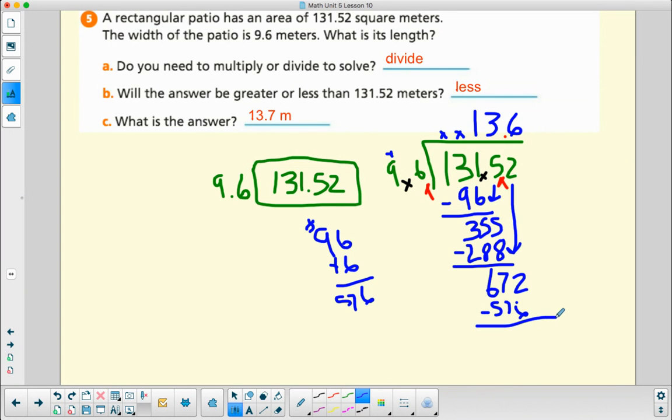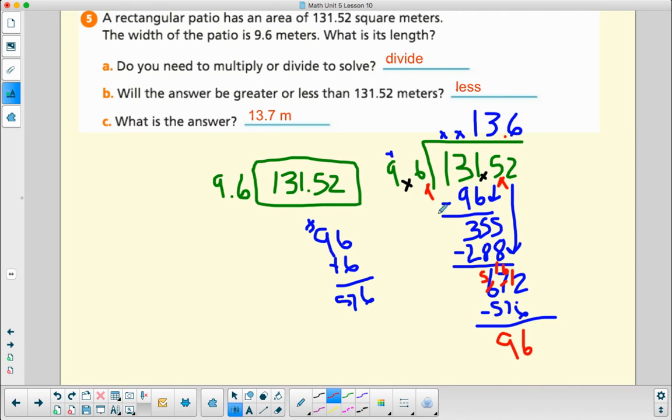As I subtract, though, look what I find out. On group 12, subtract 6 is 6. 6 subtract 7, I need to ungroup. 16 subtract 7 is 9.